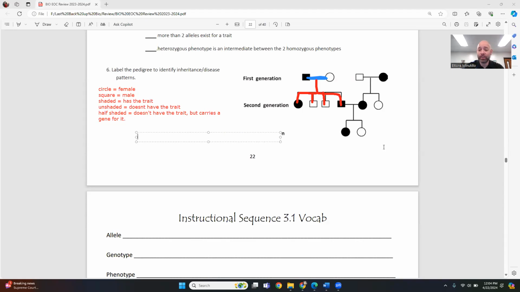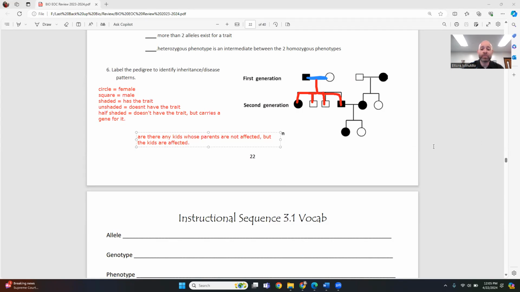If you're trying to decide whether something is dominant or recessive, what you want to look for is, are there any kids whose parents are not affected, but the kids are affected?